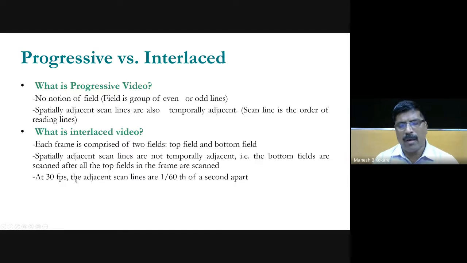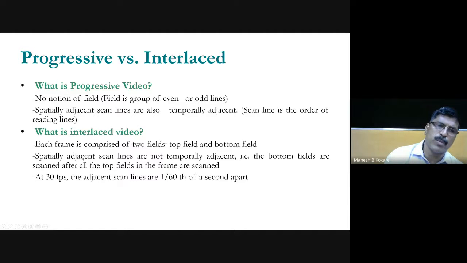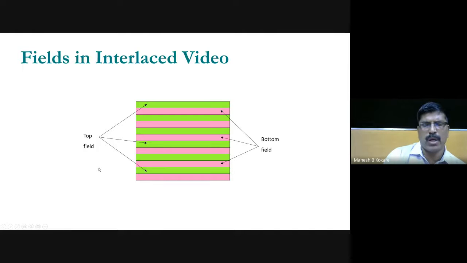That is the time difference between adjacent scan lines in interlaced scanning. I hope you have understood the concept of odd and even fields, progressive scanning and interlaced video scanning, and also why interlaced scanning is used.